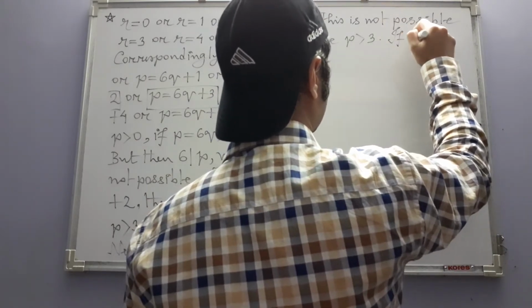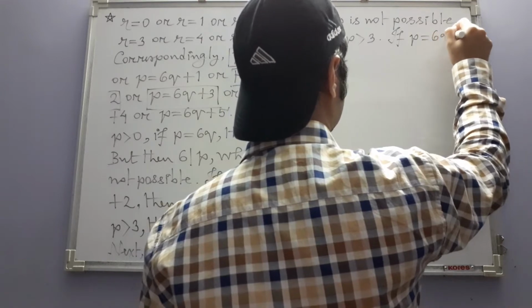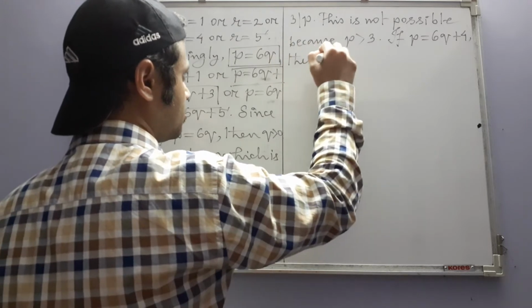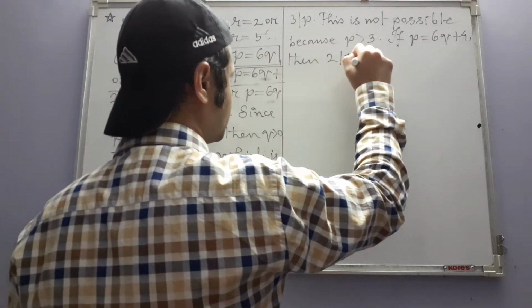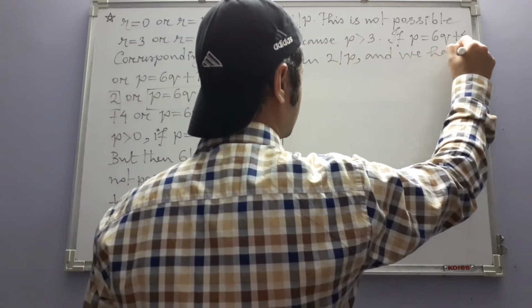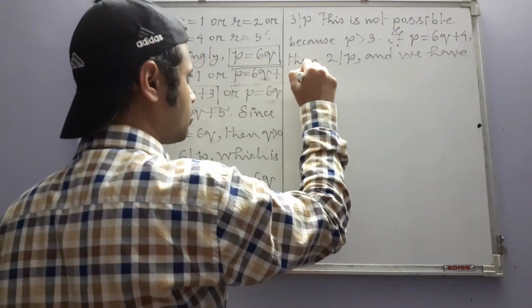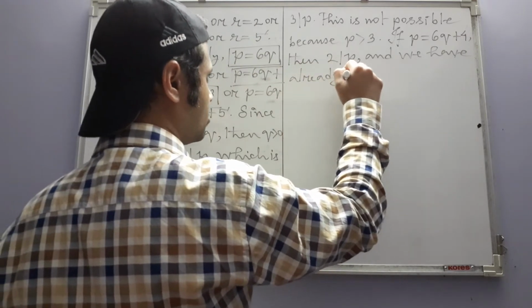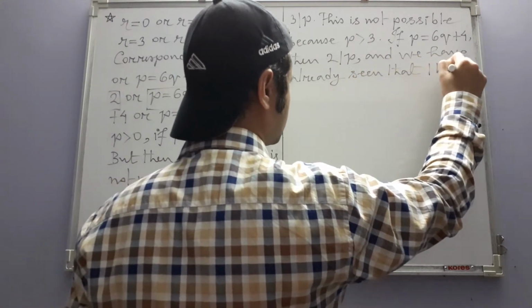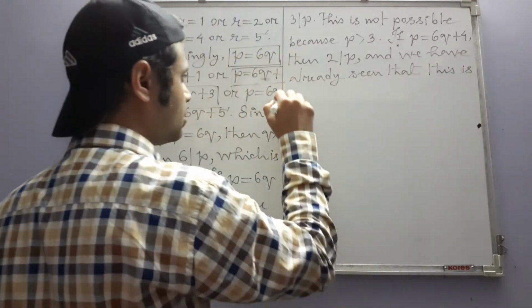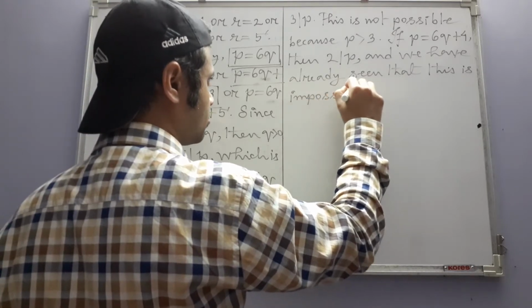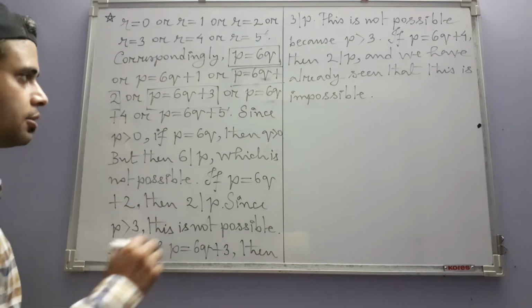If p is equal to 6q plus 4, then 2 divides p, and we have already seen that this is impossible. So that means this condition is also gone.